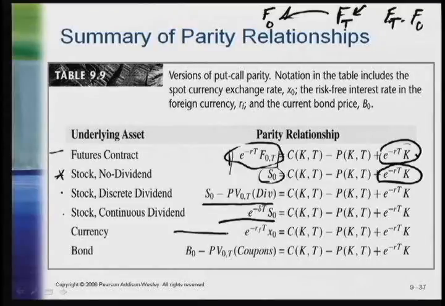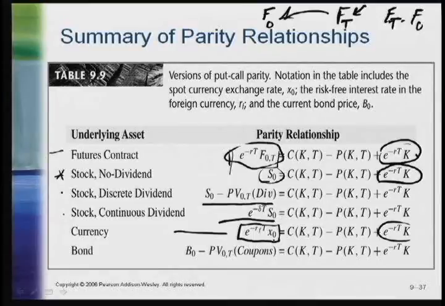How about currency? Here is an example where I'm looking at calls and puts on a currency, say a euro. Well, the strike is K. The prepaid forward value of that is the same as before. And what's the prepaid forward value of one unit, say a euro? Well, what this formula tells you is X_0 is the dollar cost of a euro.